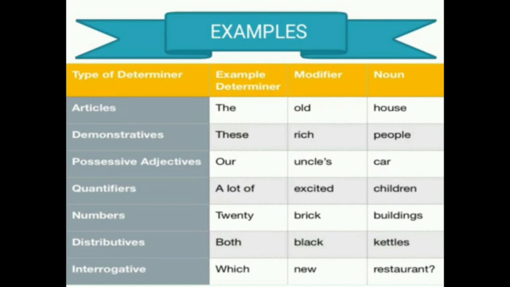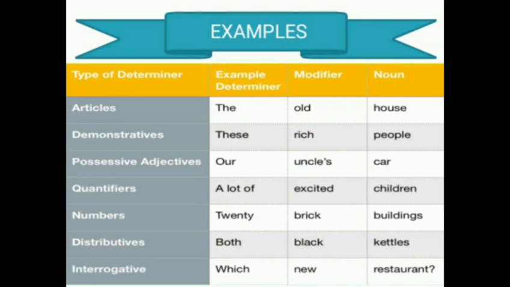We will take an example of each determiner. First we'll go to articles. The old house. Here the is the determiner. Then next is demonstrative. These rich people. This is a demonstrative. Possessive adjectives. Our uncle's car. Our is a possessive adjective. Then quantifiers, a lot of excited children.